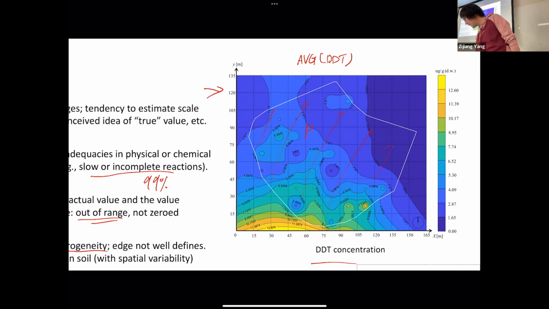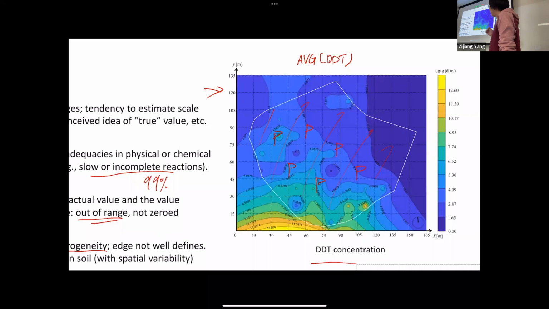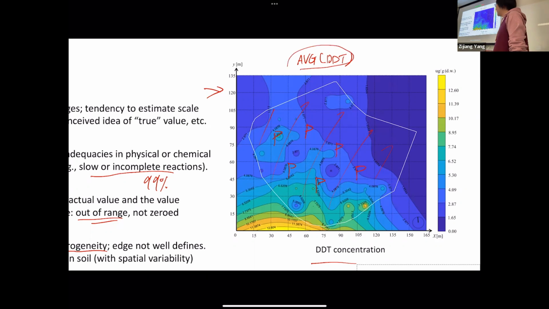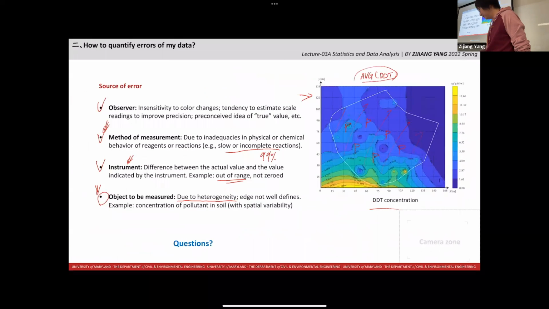So we may just take several samples at different places, and we can imagine that by taking different samples, every time we may get different results. In other words, we can never get the true average concentration of DDT in this field. Basically, this is due to the heterogeneity of this object itself.